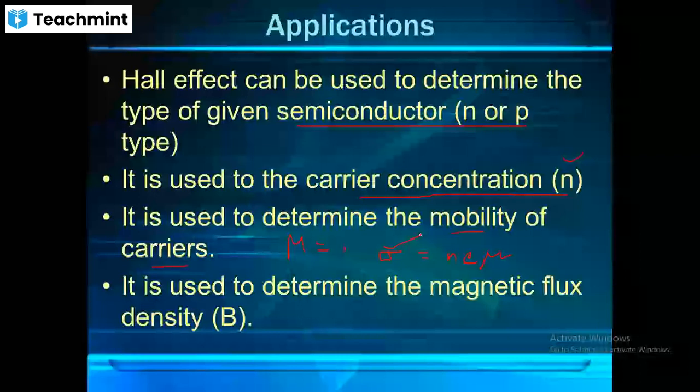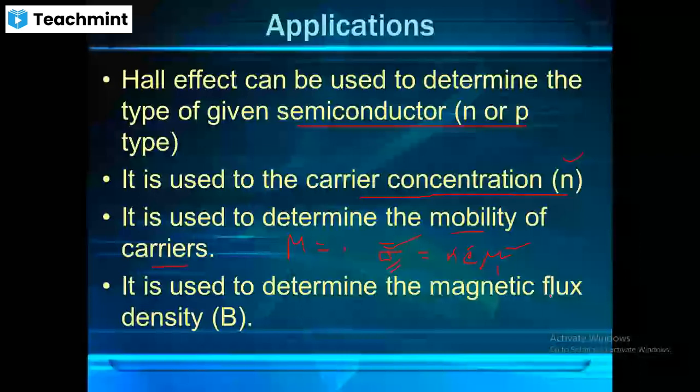And what is mu? Mobility. So by using this equation, we can calculate the value of mobility mu by knowing conductivity, N, and E. For a given material, the conductivity will be known to us, and N is calculated by doing this experiment in this manner. N is determined and E is known, so mu can be calculated.